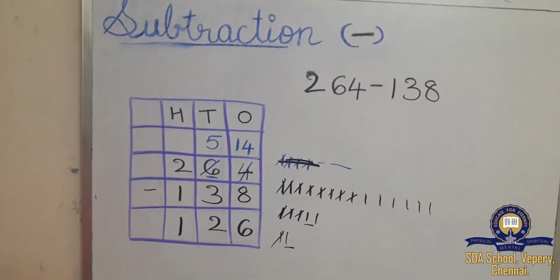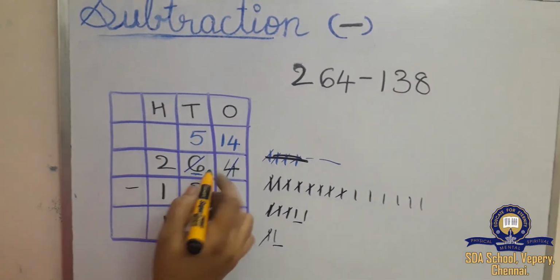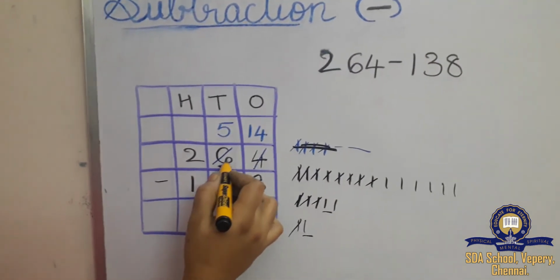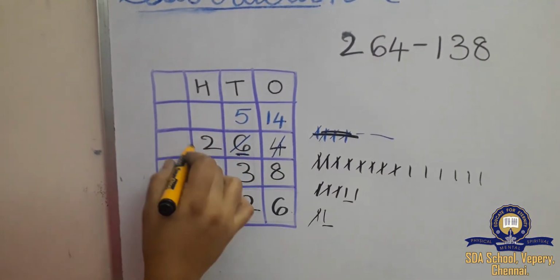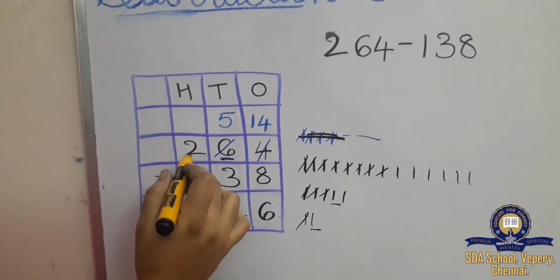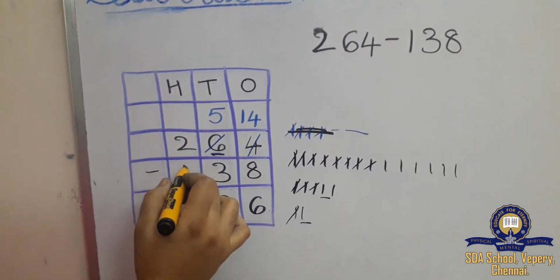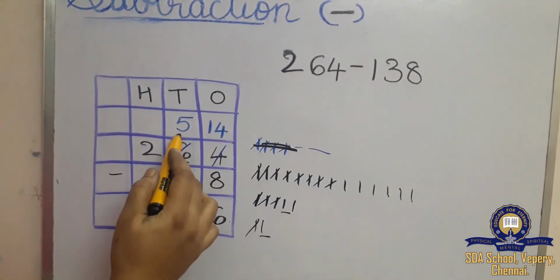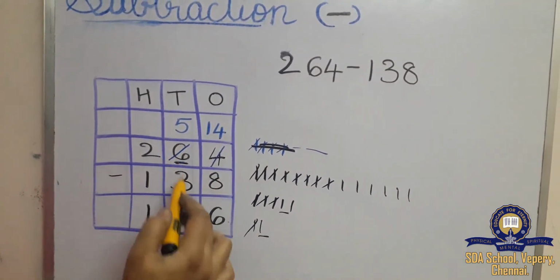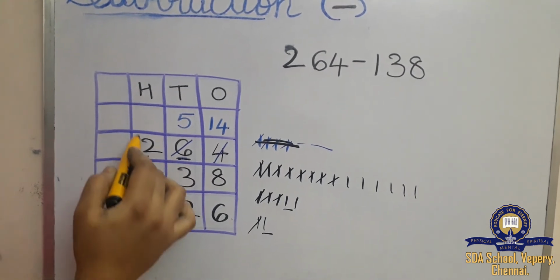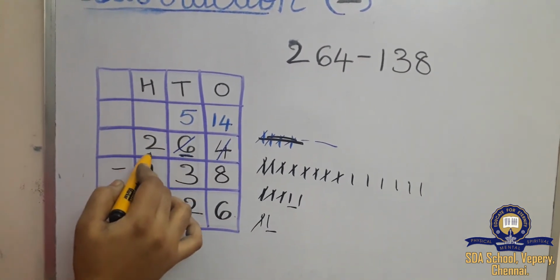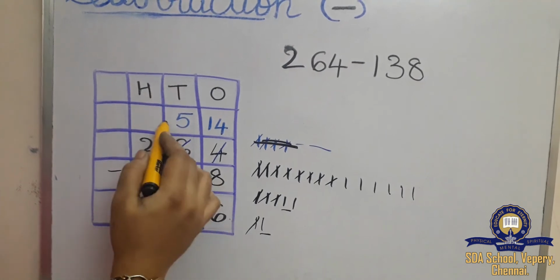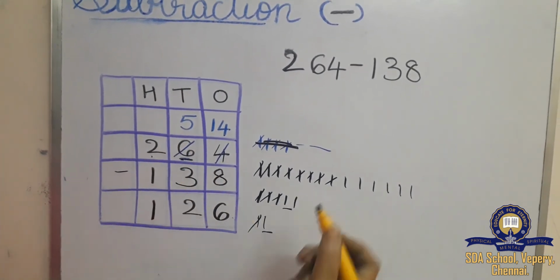Understood? So what we have to do here? One number we are borrowing from tens place. In tens, if it is the lesser number, we can borrow from hundreds also. Like if it is 2 here and here only 2 is there, so 2 minus 3 we cannot take.